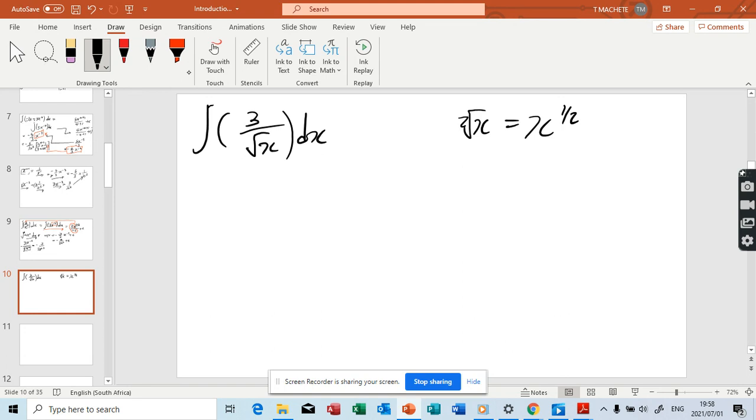Do you guys know that the square root of x is the same as x to the power 1 over 2? Okay, so let me ask someone. If you've got the cube root of x, what is the answer, if you want to write it in the standard form?